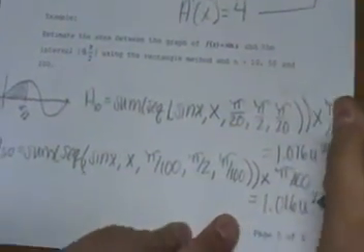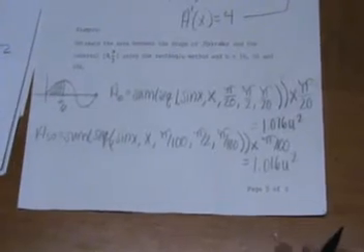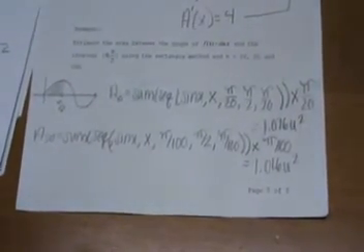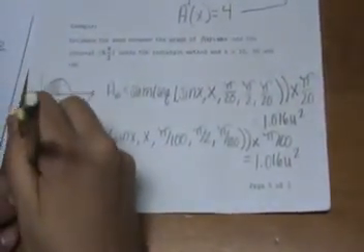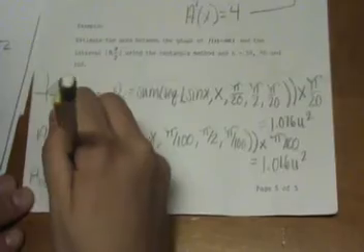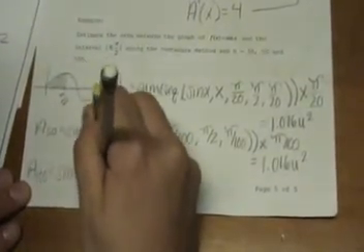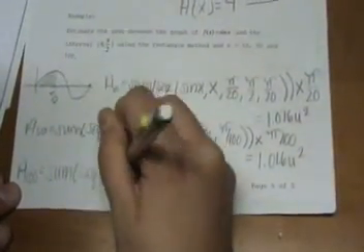1.016 units squared. Last, we need to find the area beneath the graph using 100 subintervals. Using the sum sequence one more time, you use the curve sine of x, comma the variable x.